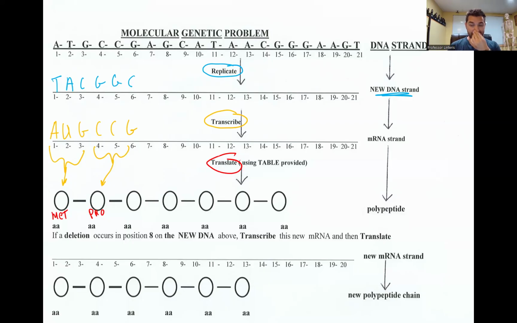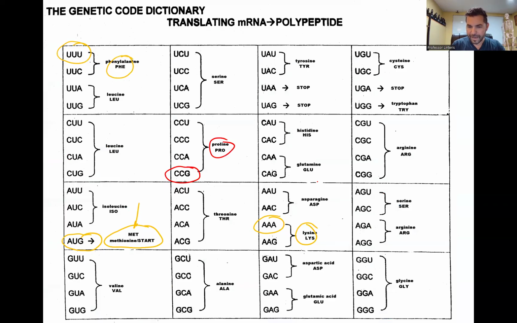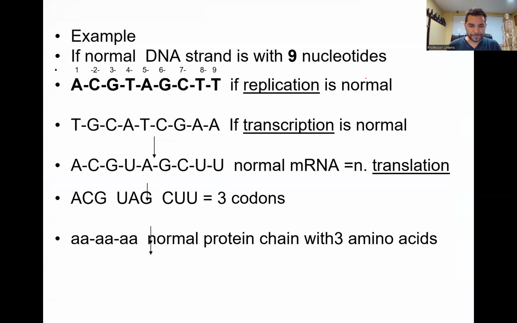You will eventually get to something that says stop codon. And that would be, let's see if we can find a stop codon. Boom. UAA, UAG, UGA. That ribosome would hop off and basically the protein's done. Right?